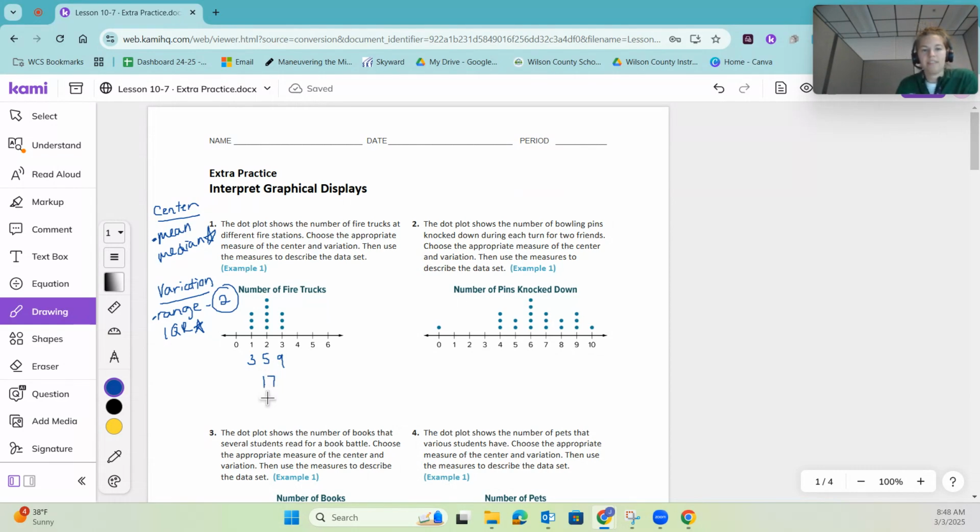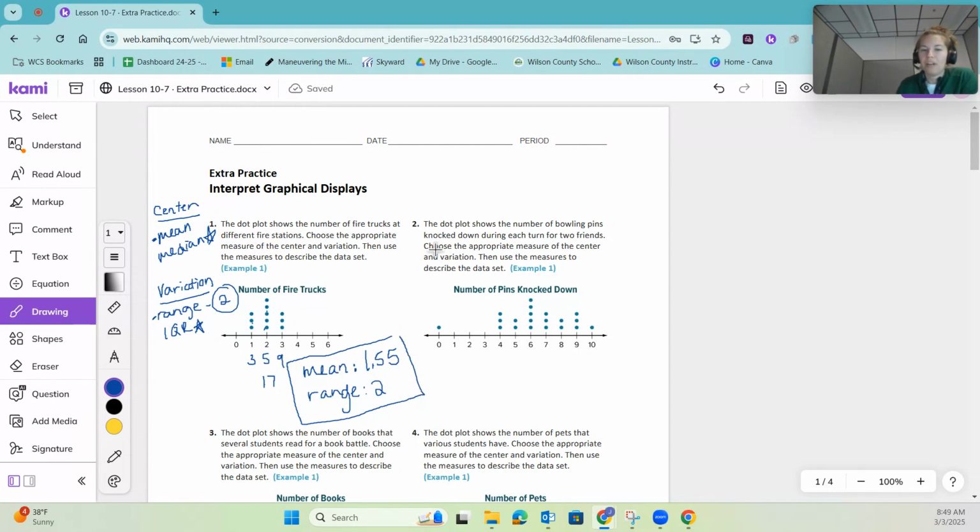Then we divide that by the 11 data points. 17 divided by 11 gives us a mean of 1.54 or 1.55. The range again is 2. So your measure of variation is the range, and the measure of center is the mean.